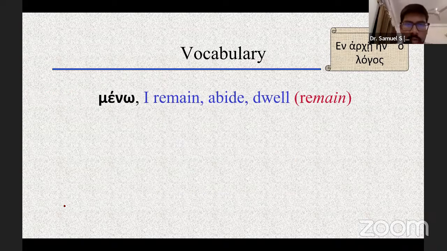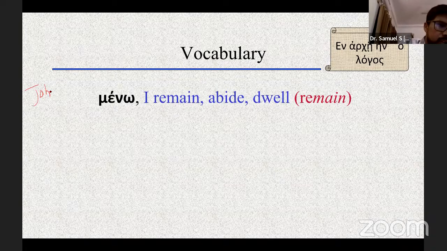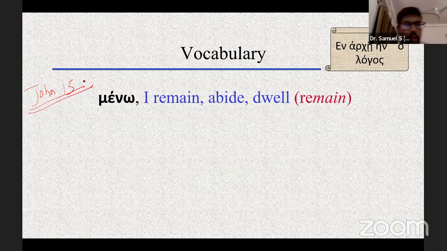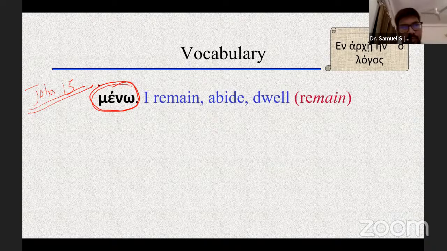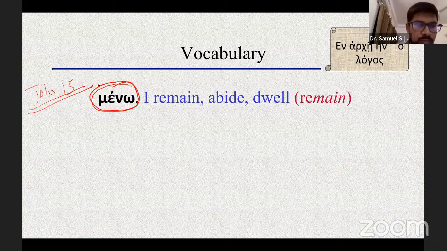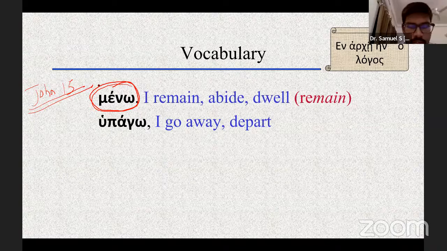Meno, I remain, abide, dwell. John 15, if my words abide in you and you abide in me, you see a lot of these menos. Hupago, I go away, depart.